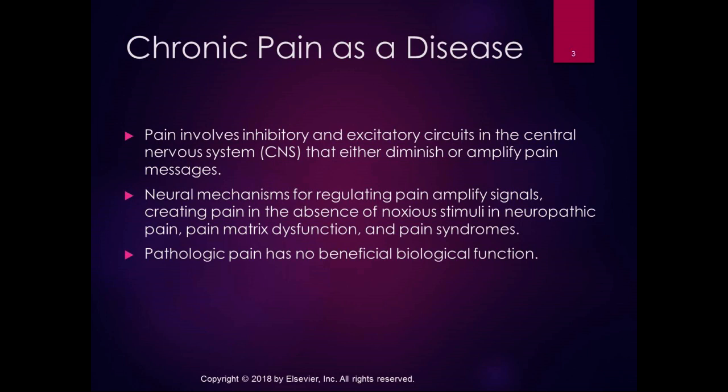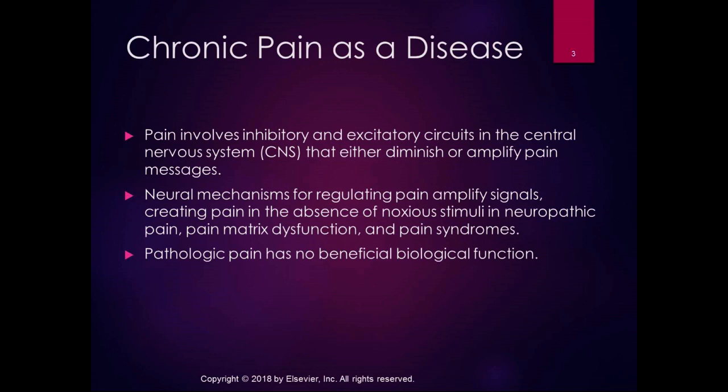So this idea of chronic pain as disease, rather than disease causing pain, the pain is the disease itself. So pain involves inhibitory and excitatory circuits in the central nervous system that either diminish or amplify pain messages. So that's the pain matrix we were talking about in the last section, and the anti-nociceptive and pro-nociceptive systems, and sort of the balance between the two.